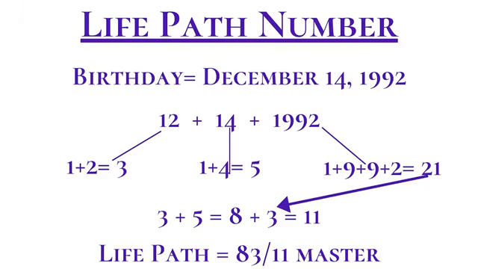So an 8311 is going to be a lot different than a 9211 because an 8311 will have to utilize the energy of the 8 and the 3 to obtain their life purpose, and the 9211 will have to utilize the energy of the 9 and the 2 in order to obtain their 11 life purpose.